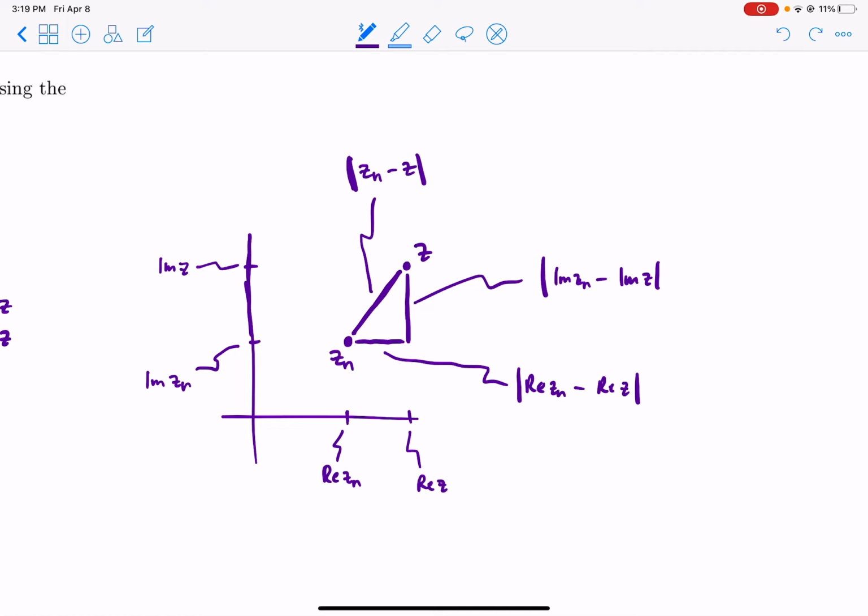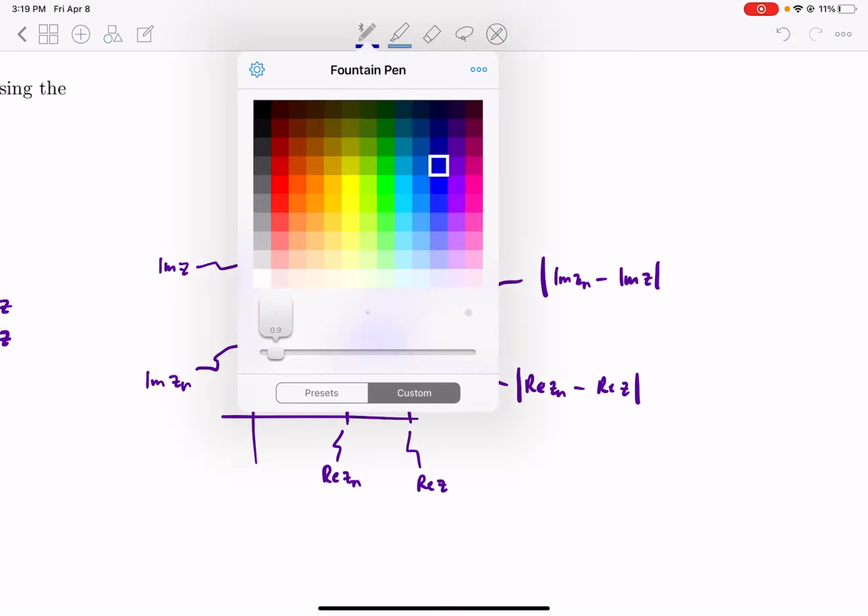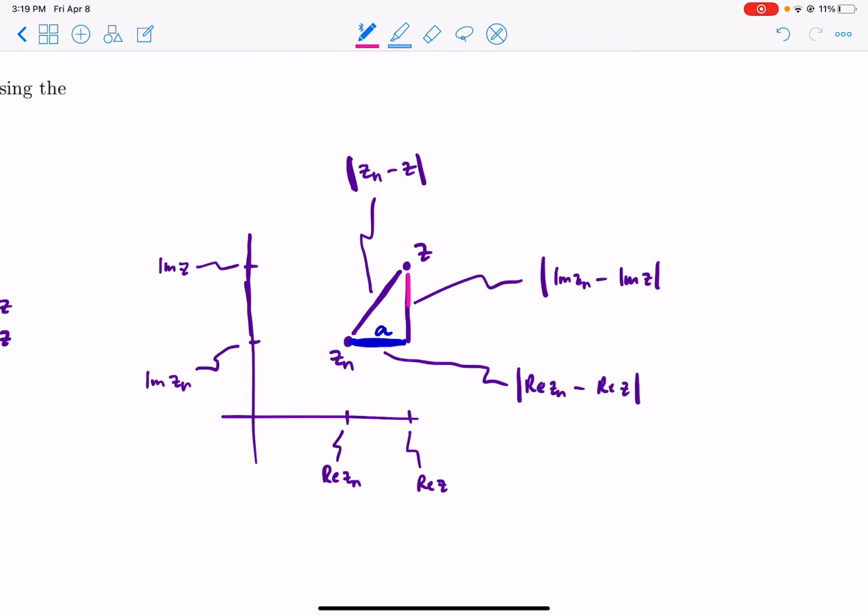Okay, so notice that basically, by the Pythagorean theorem, if this length is a, and this length is b, then this length is c, and c squared is equal to b squared plus a squared.